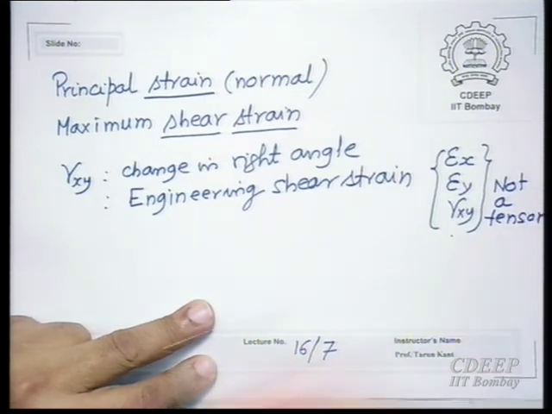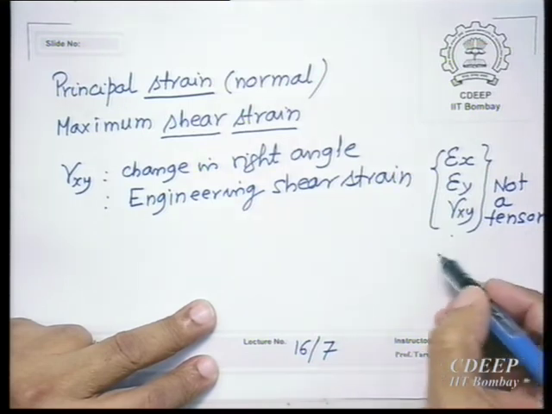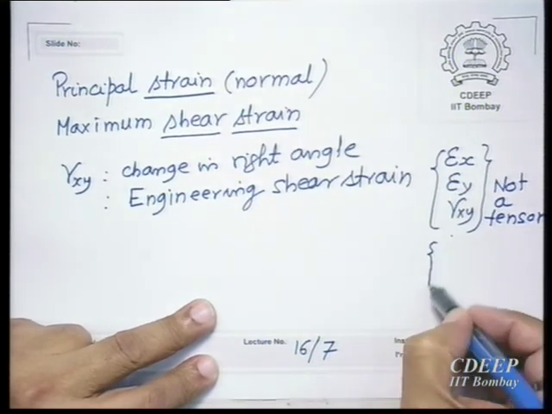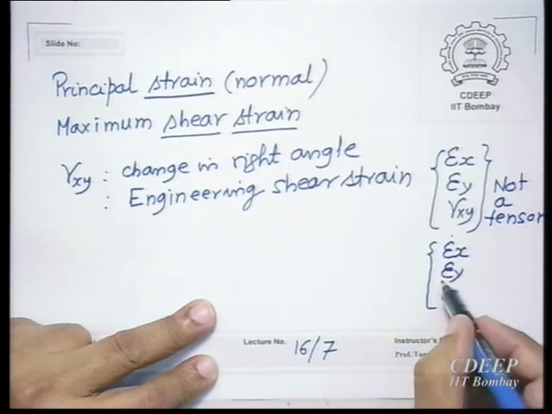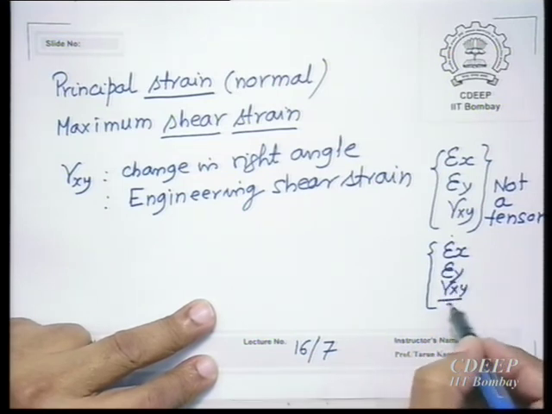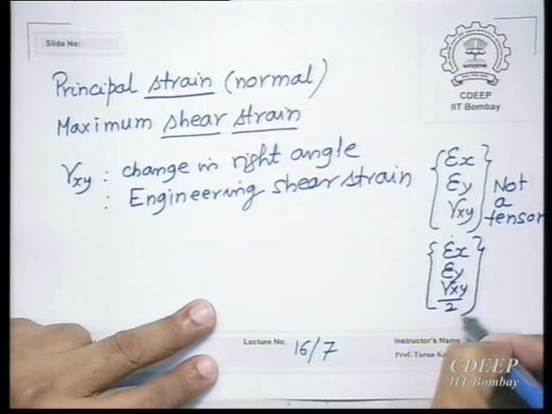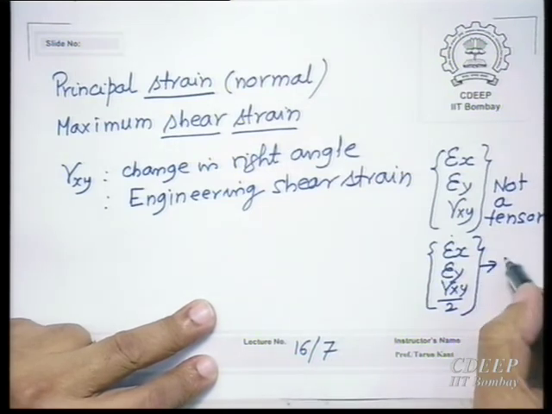Tensor means it has to have a transformation rule, which I told you. But epsilon x, epsilon y and gamma xy by 2, if you make it half, then this becomes a tensor.